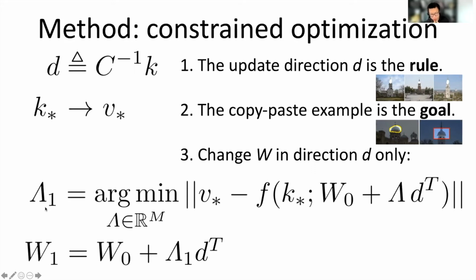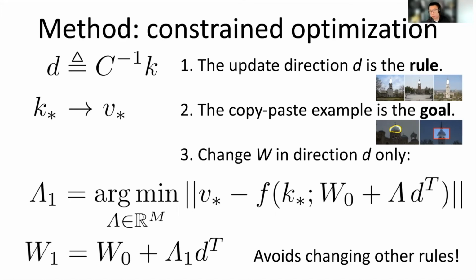So we only need to optimize this capital lambda. For example, this is a 512-dimensional vector. The entire optimization problem is to find the optimal 512-dimensional vector, which gives us these rank 1 updates. Once you get this direction, you can update the weights again using this pre-computed direction.